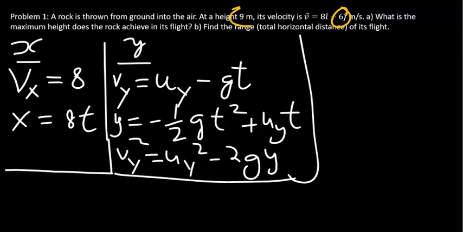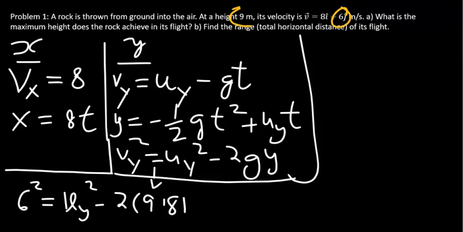So substituting that information in here, we get 6 squared equals u_y squared minus 2 times 9.81, and y is 9.